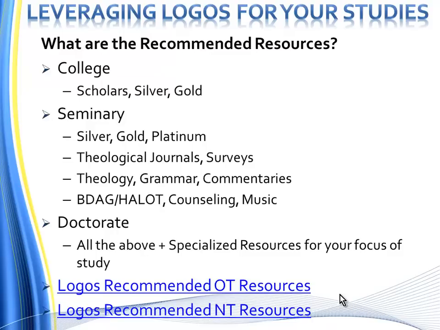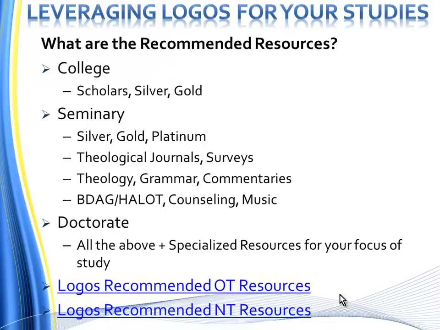And you really need to have Scholars. Once you move into Silver, you're going to get more commentaries, more language resources. That's important. And then Gold, of course, is good. It's very rare that you're going to need Platinum at the college level unless you're taking Greek and Hebrew courses. Okay, so it's a way of saving some money.